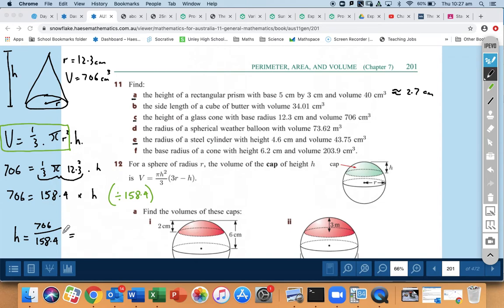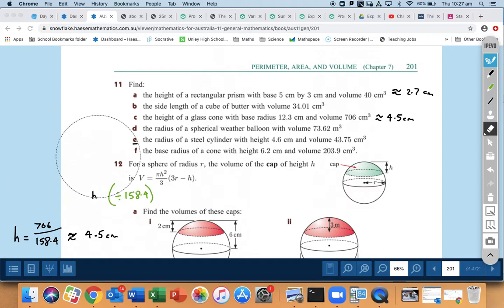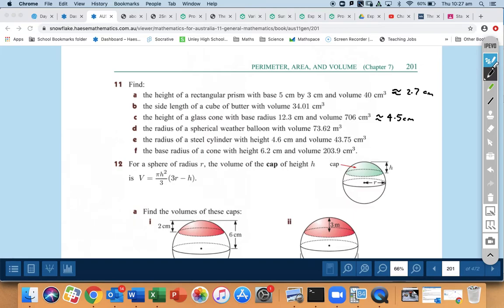So change these equals to approximately equals 4.5 centimetres. Okay, so that was C, approximately 4.5 centimetres. And we'll make some room for the next one, E.